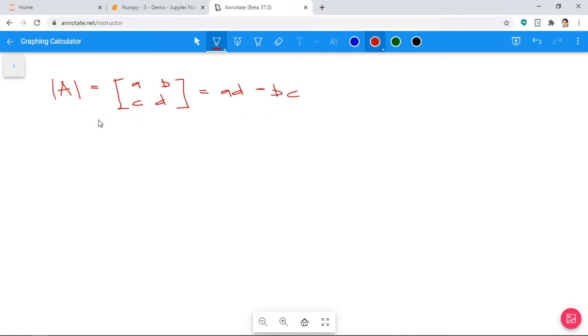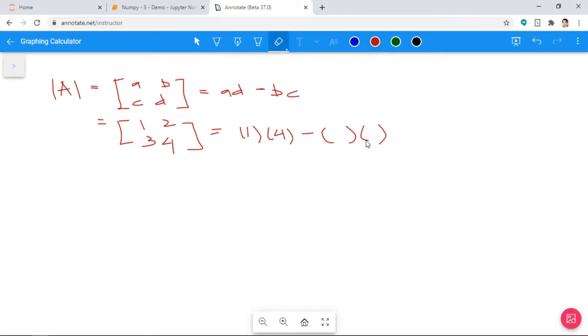So remember our given. So we have 1, 2, 3, 4. So we're expecting here an answer of -2. So we have 1 times 4. So 1 times 4 minus 3 times 2, or 2 times 3 anyway. It's just a multiplication. So let me correct this. Okay.